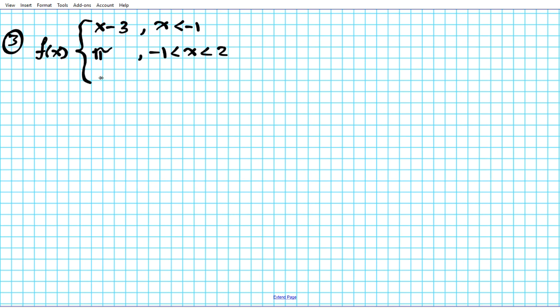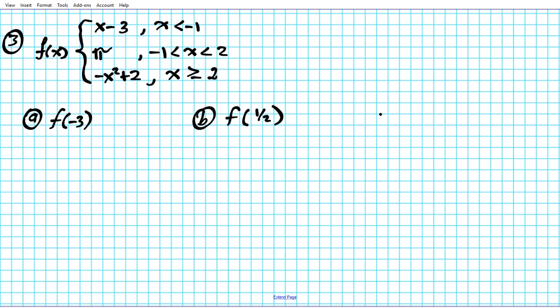And then it has a value of negative x squared plus 2 when x is greater than or equal to 2. And then let's say we are to evaluate the following: f of negative 3, f of 1/2, and then f of 2.